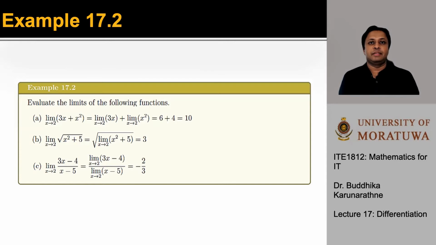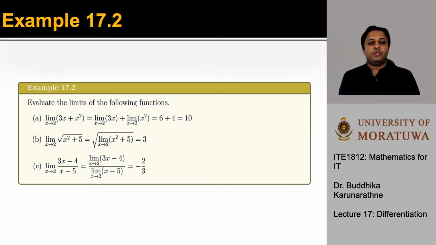That means it should be taken as something to the power 0.5. So what we can do is we can simply take the limit of that function and take the square root of that limit. That's what has been done in step 2 of part B example. And it will give you 3 as the answer.